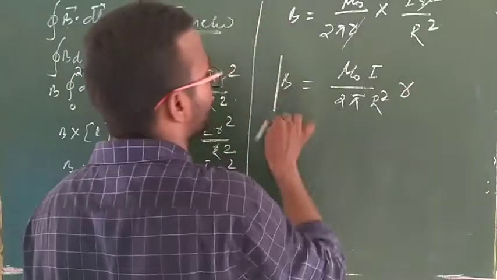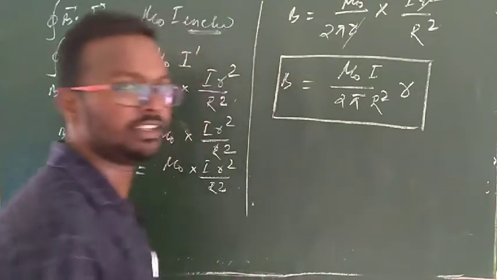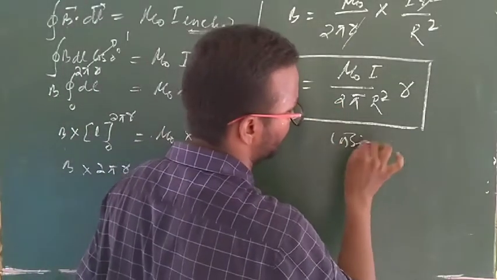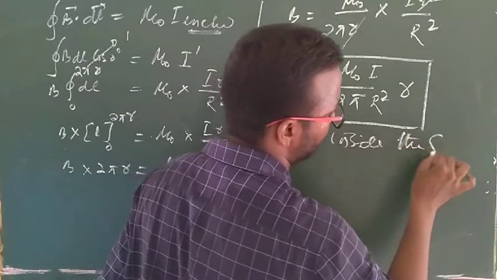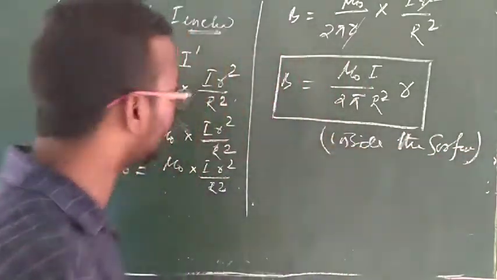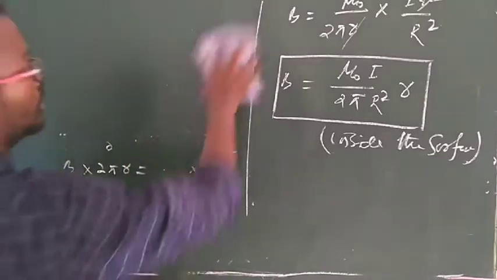This is the magnetic field strength within the surface, that means inside the surface. Clear?